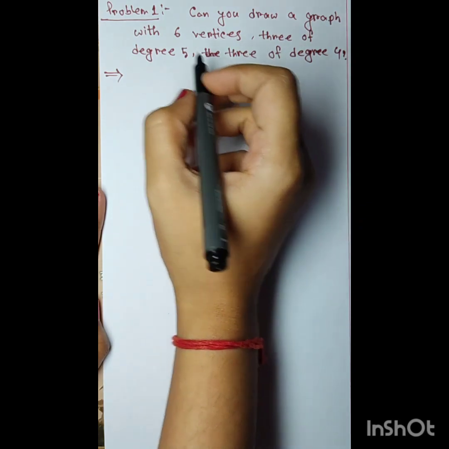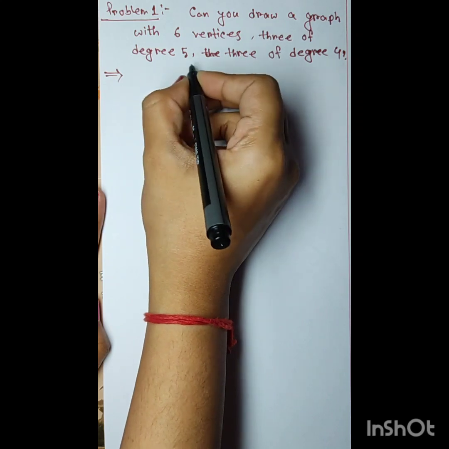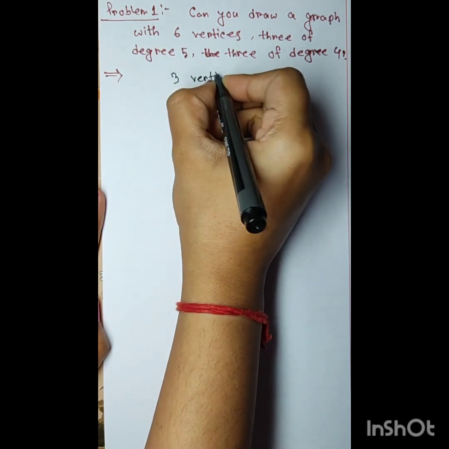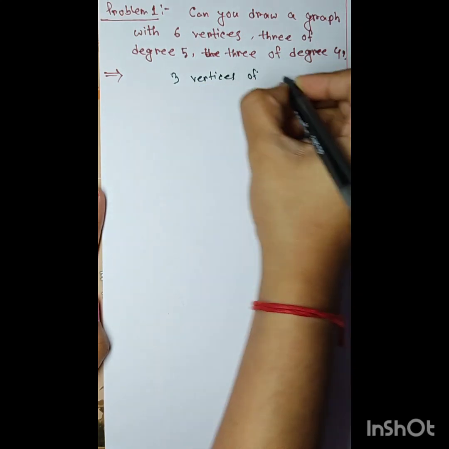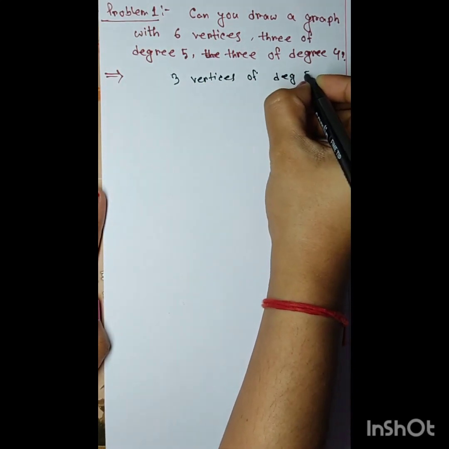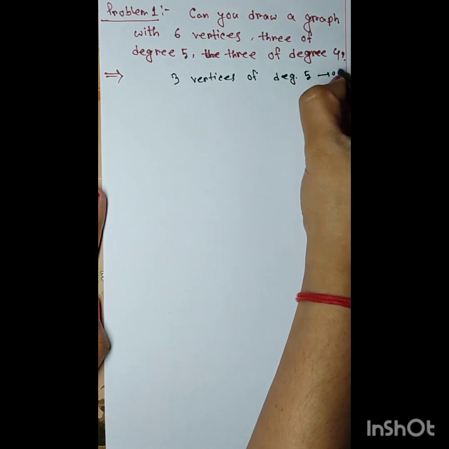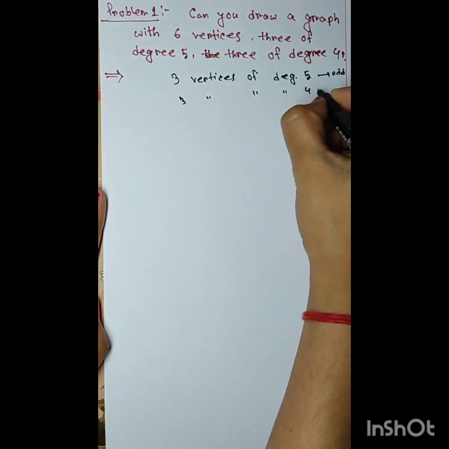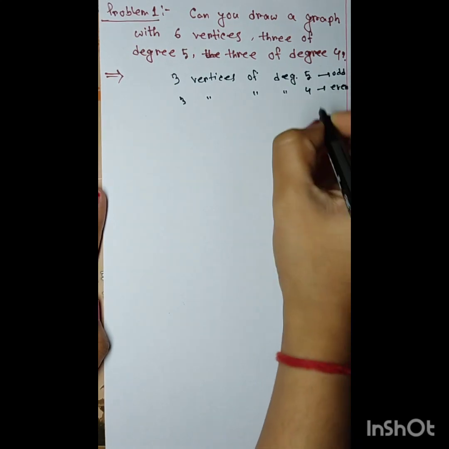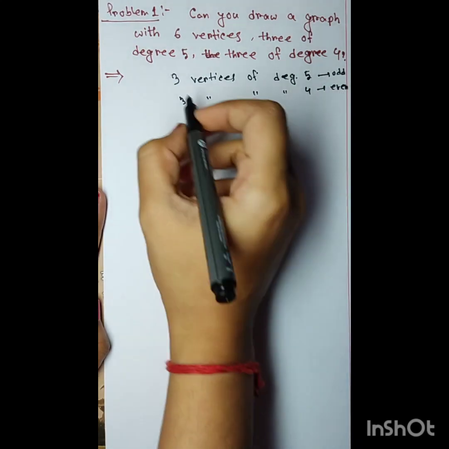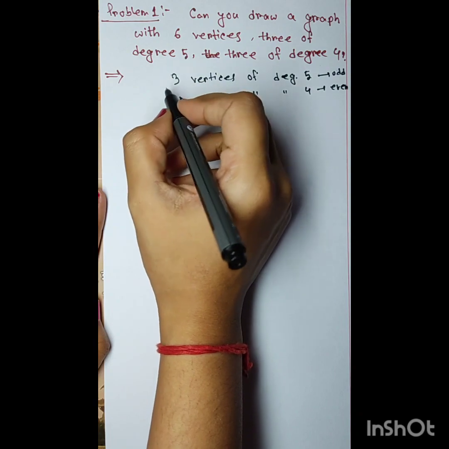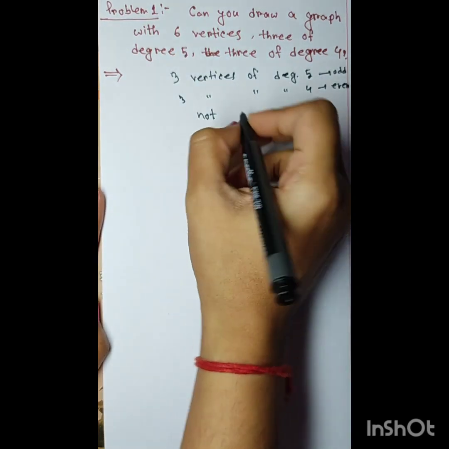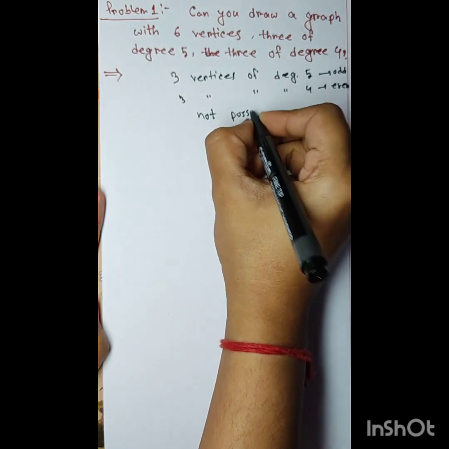Here there are 3 vertices of degree 5, which is odd, and 3 vertices of degree 4, which is even. So the number of odd vertices is 3, which is an odd number, so it is not possible. From the previous corollary itself we can say that it is not possible.